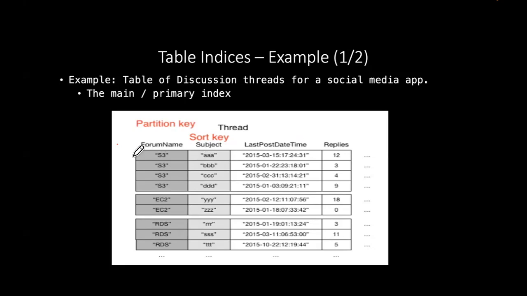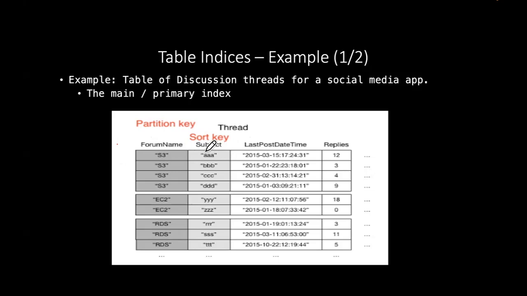But let's suppose I want to also be able to query this table along the lines of: give me all of the threads, again for the S3 service, where the date of the last posting on that thread was in 2022. Now, as it stands, if I didn't have LSIs available to me, I can't run that kind of query against this table.